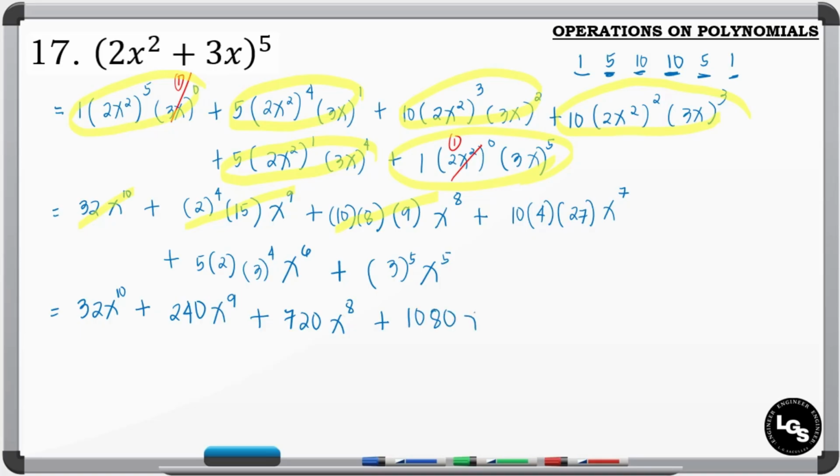Then the variable x raised to 7. Next, 3 raised to 4, that is 3 times 3 times 3 times 3, so that is 81 times 10, so that is 810. Then the variable x raised to 6.